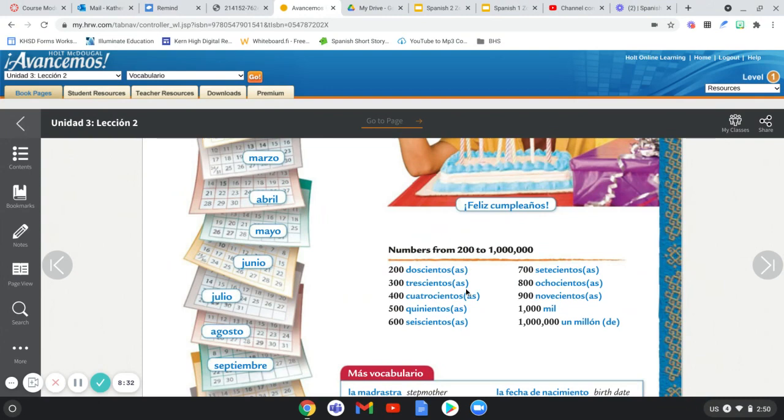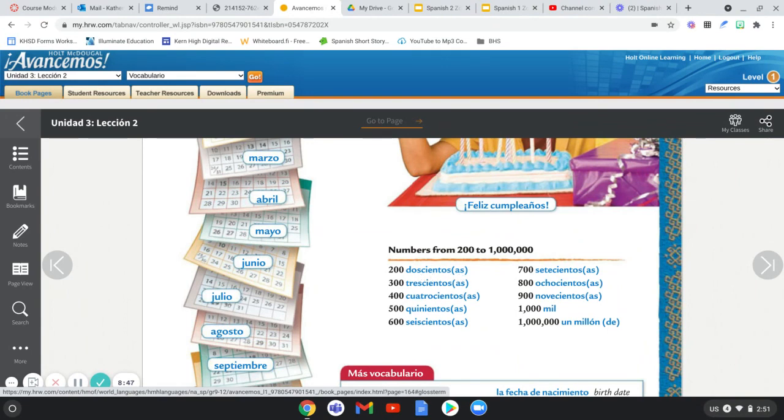So, computadora, that's computer, right? So if the school bought 200 new computers to give out, they would say doscientas, because computadora, with an A, has an A.